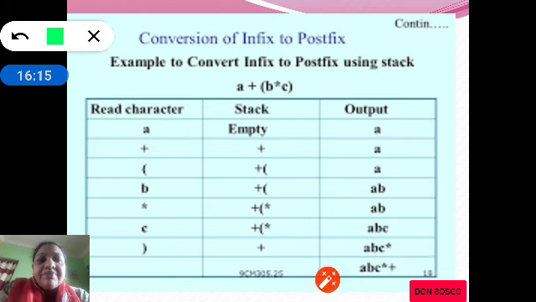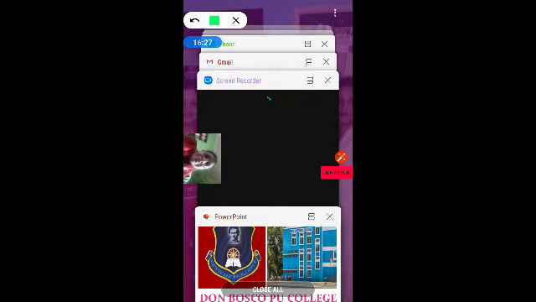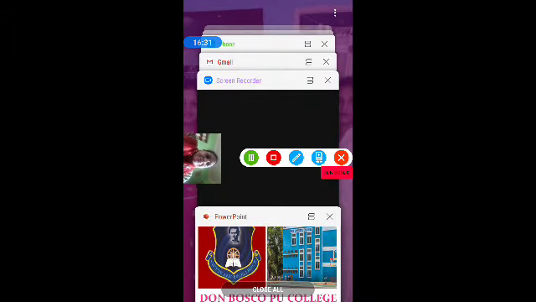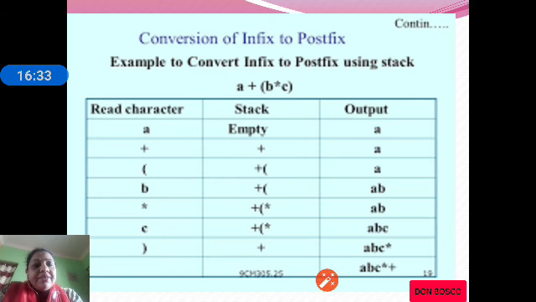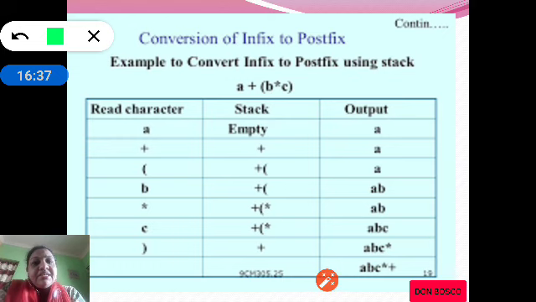The scanned symbol is A. A is an operand, so we put it onto the output. Next symbol is plus. As plus is an operator, we put it onto the stack.